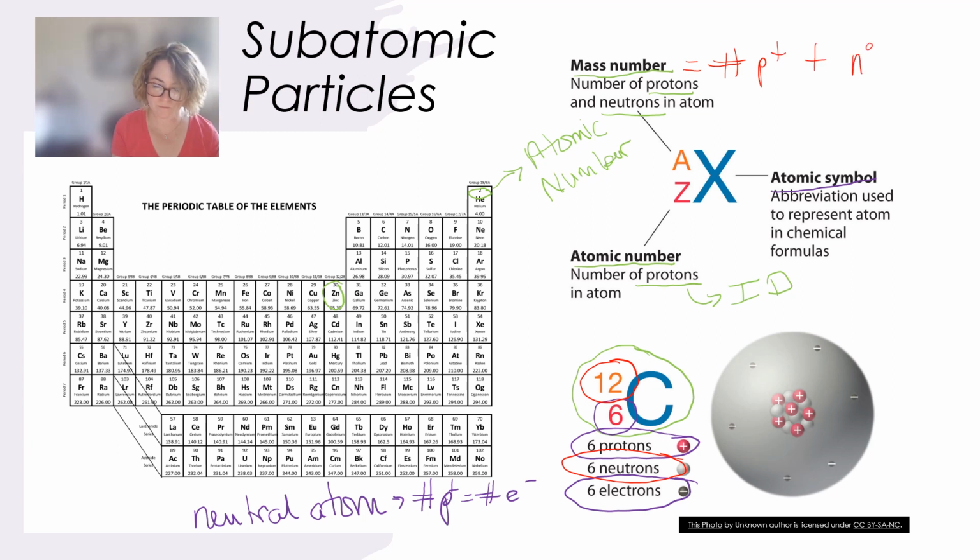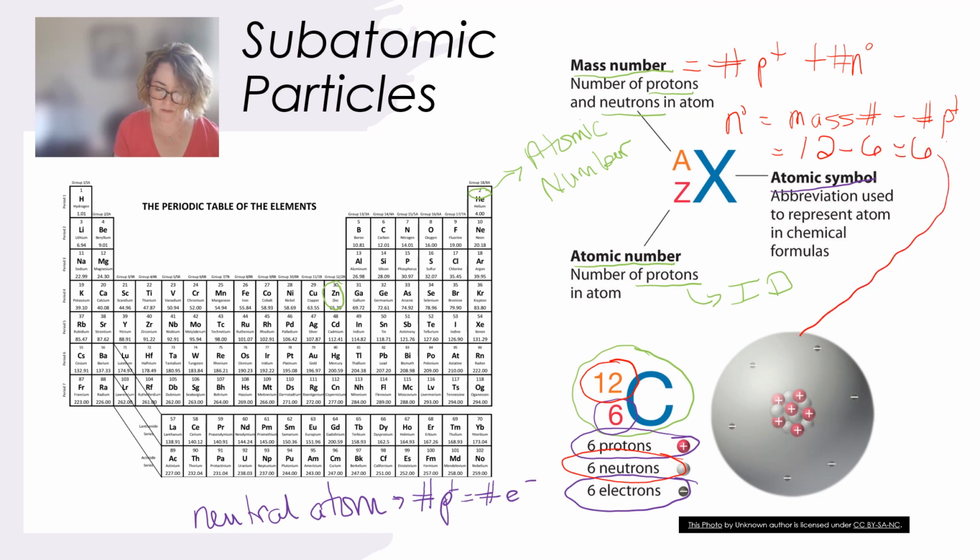So if I know the mass number and I know the number of protons, the number of neutrons is going to be equal to the mass number minus the number of protons. So here that would be 12 minus 6 gives us 6 neutrons.